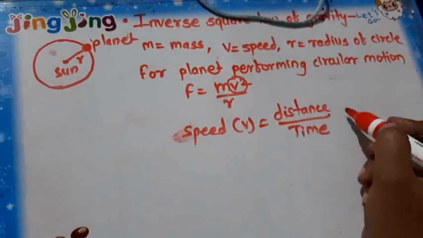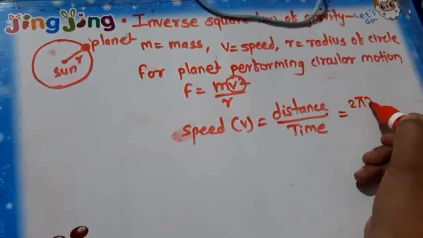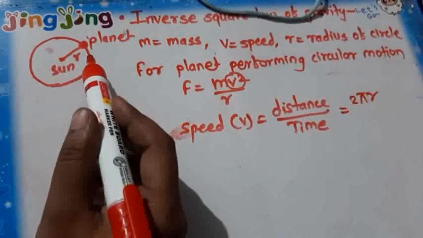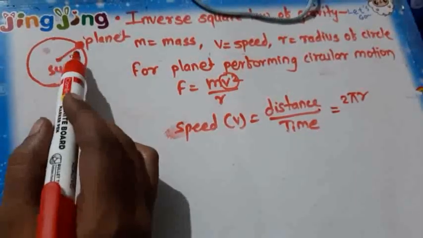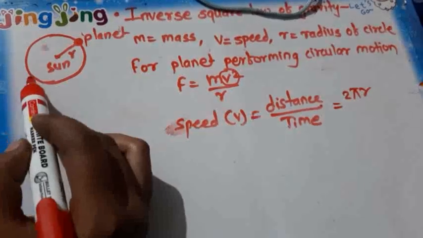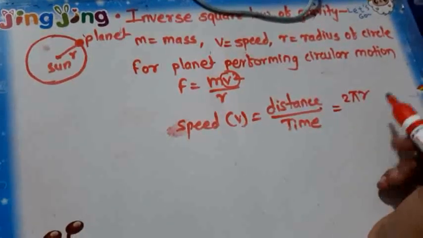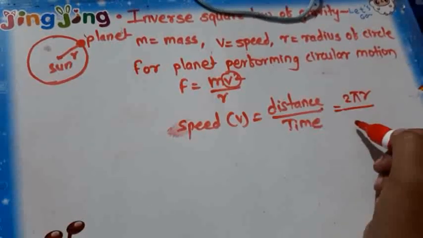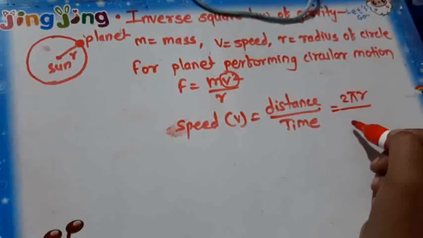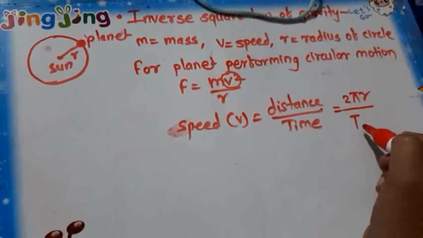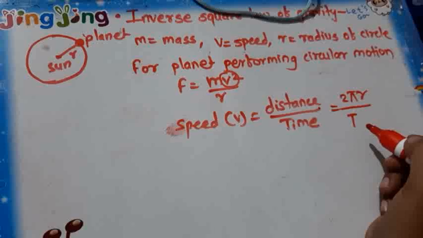That distance will be 2 pi r, because it is circular in shape. So the distance covered by the planet in one revolution will be the circumference of the circle, that is 2 pi r. How much time will it take to cover one revolution around the sun? That will be capital T, the time period.